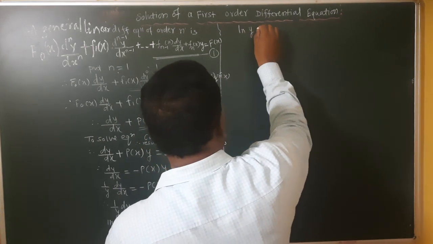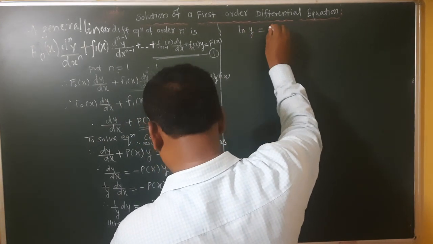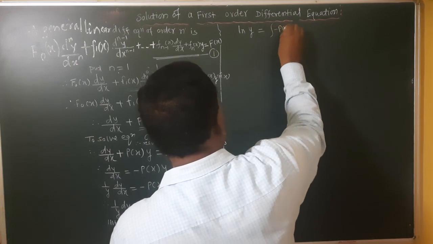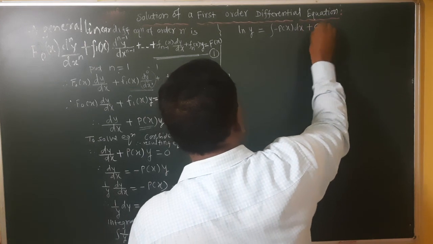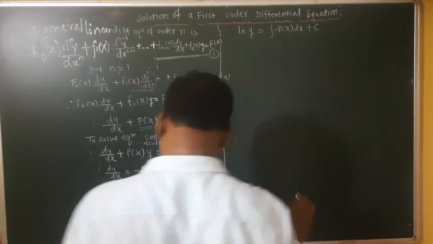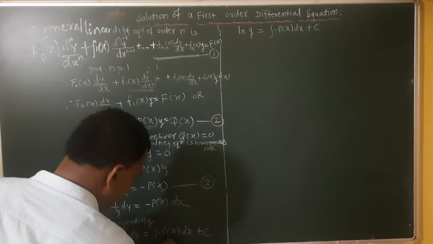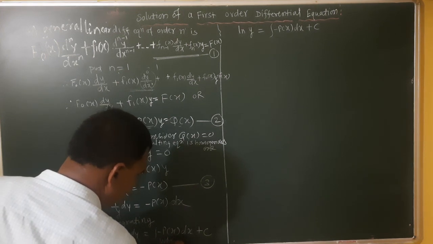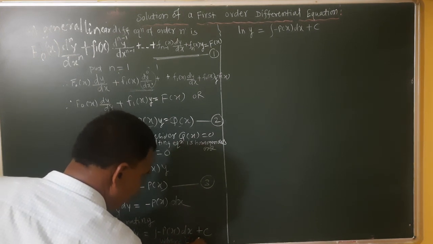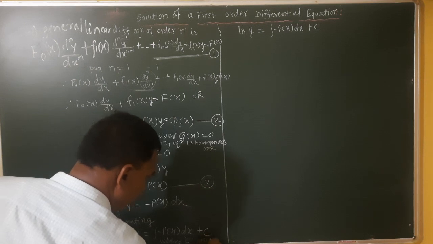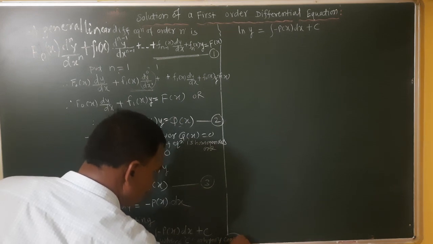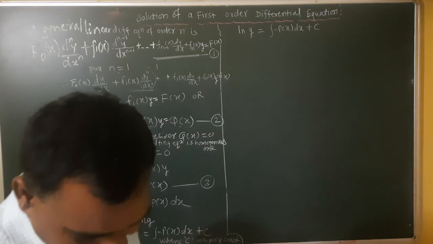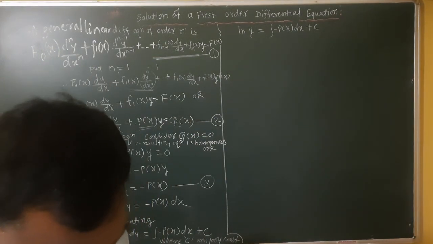ln of y is equal to integration of minus p of x into dx plus c, where c is a constant of integration. c is called the arbitrary constant of the integration.